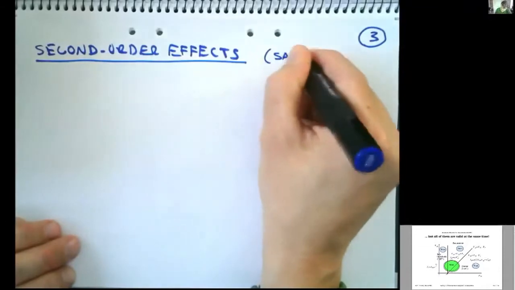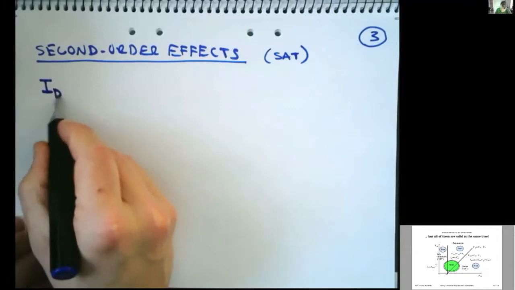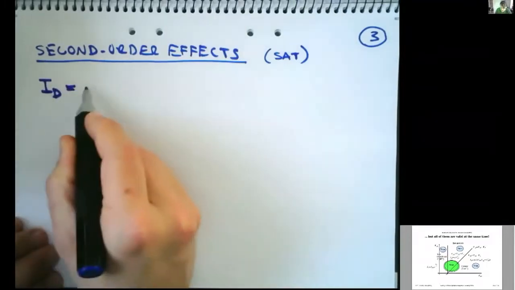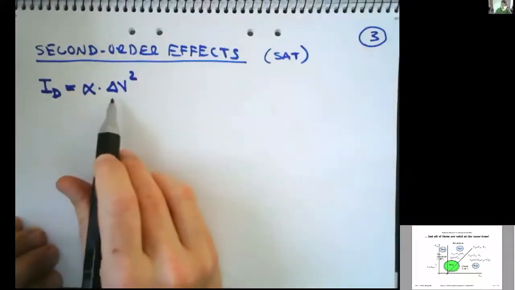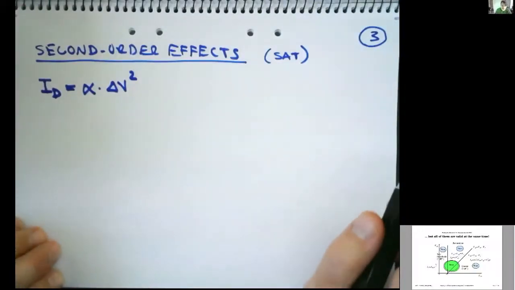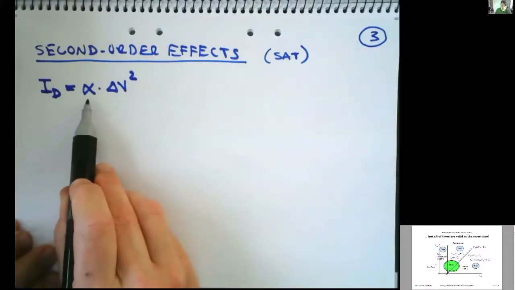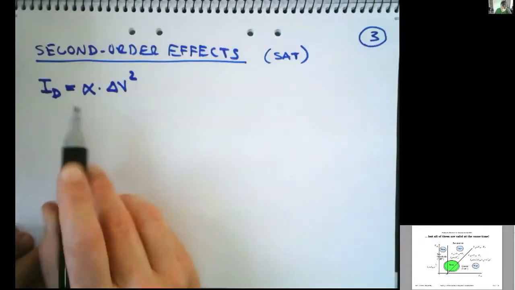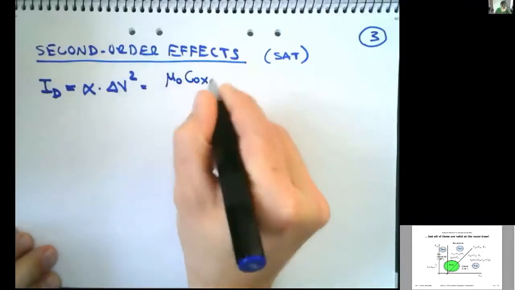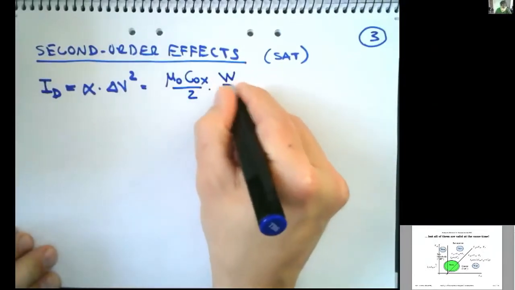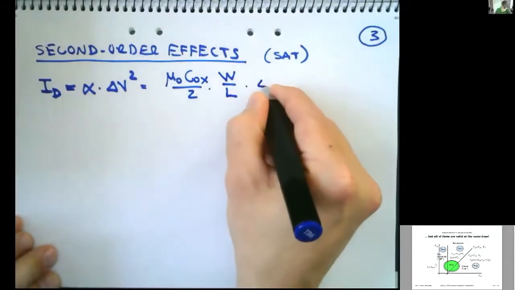So sat region, and we had ID, the drain current, is equal to alpha times delta V squared, even though I'm probably going to write VF now and then also. What's alpha? Well, that's a material constant and a physical constant. So that's equal to mu naught Cox divided by 2 times W over L, times delta V squared.